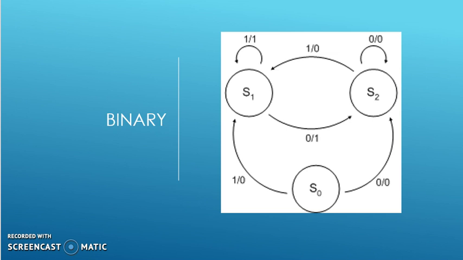In this example, we can notice starting from S0, and then we can transition into S1 or S2. At the very top, we have a transition that goes from S1 and back into S1.